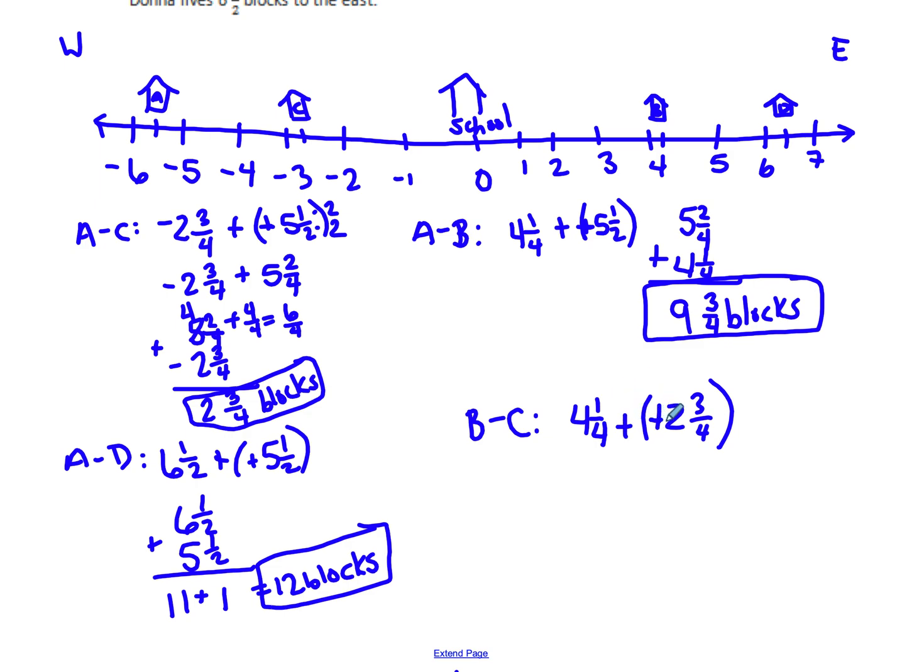Boom, change the sign. All right, greater absolute value on top. 4 1/4 plus 2 3/4. 1/4 plus 3/4 is 4/4, that's 1 whole. 4 plus 2 is 6. So 6 plus 1 whole is going to be 7 blocks between their houses.